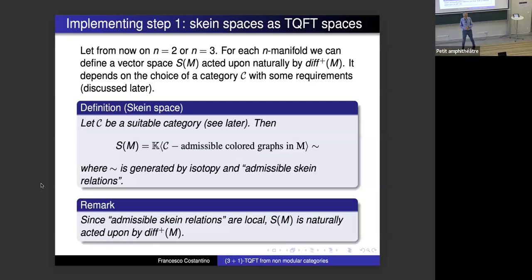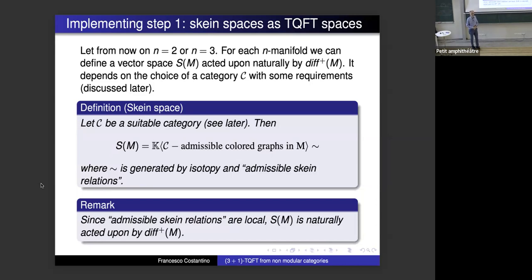No, string nets. So they are topological graphs decorated with combinatorial data, objects of a category, and you span a vector space out of them, and you quotient by some relations.